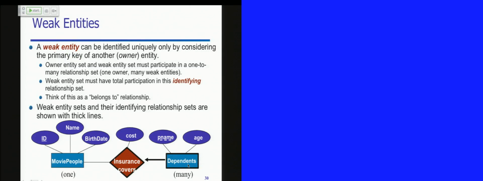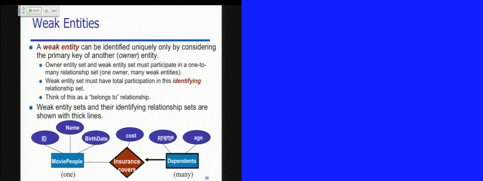For these dependents, we don't really care about them. The only reason we have them in our database is because they are related to some of our movie people. Hence, we're not keeping much information about them. We have their name and their age, and that's it. Since we don't have much information about them or much use for them on their own, we're making them dependent on our movie people.